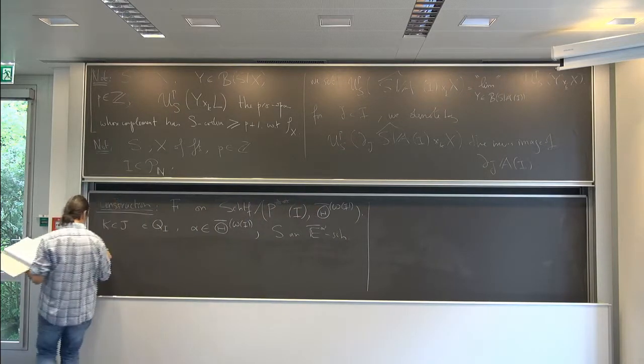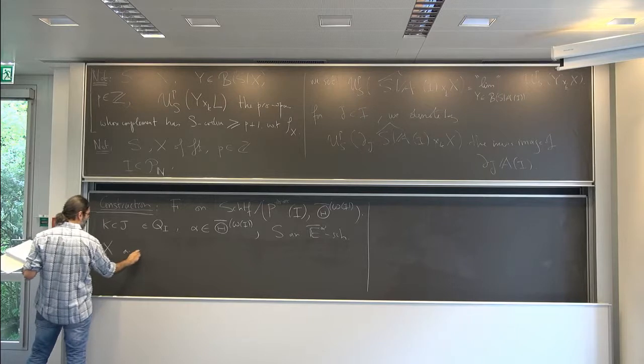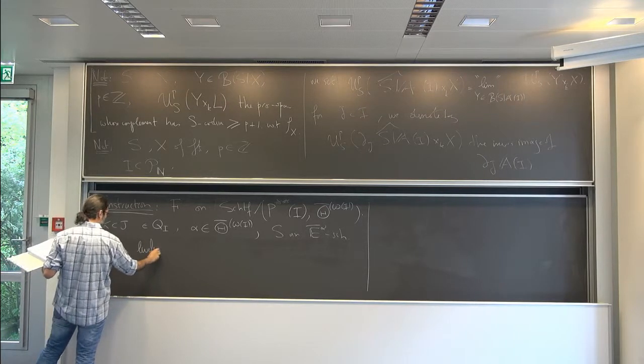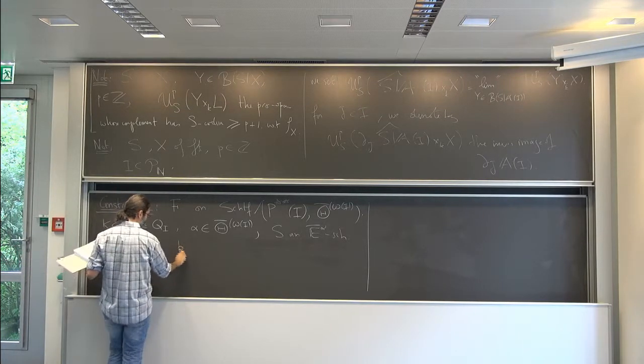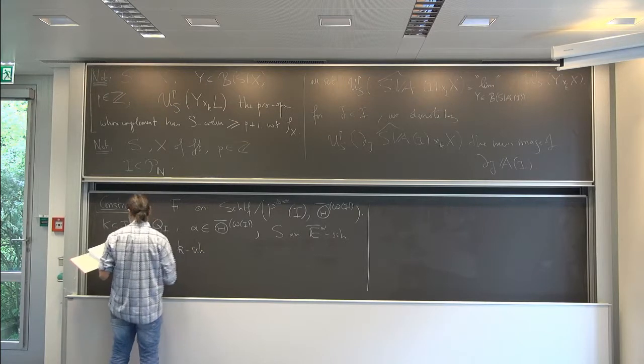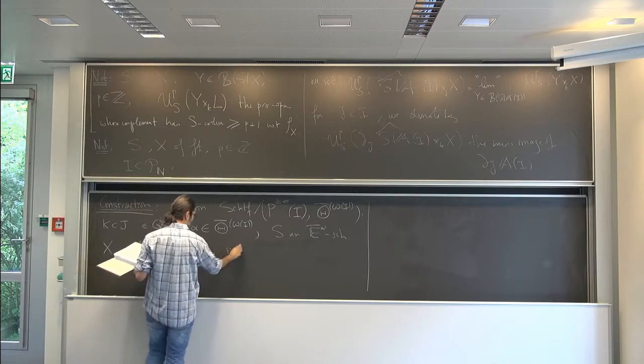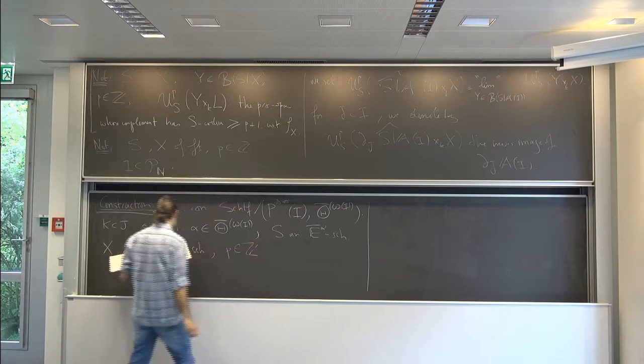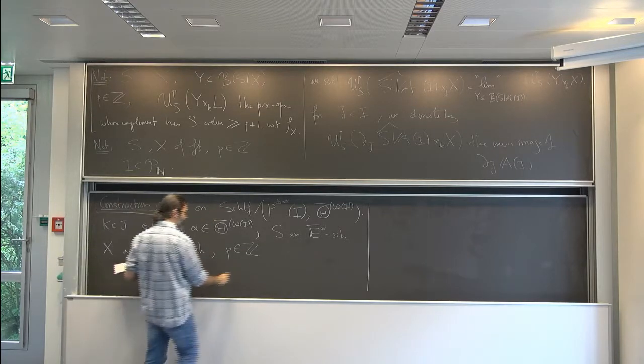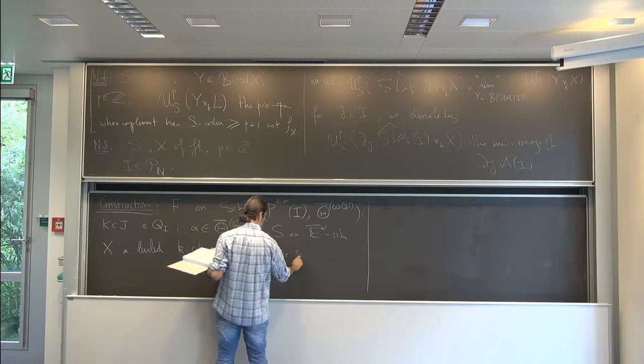And now I take X, a leveled K scheme, finite type again, and now I also fix an integer P. All right, so with this we set the following.